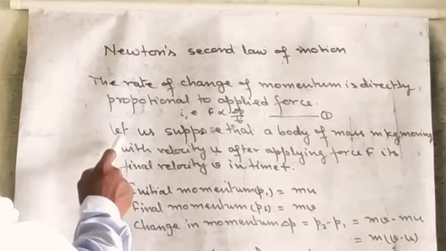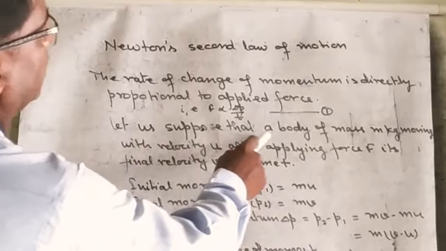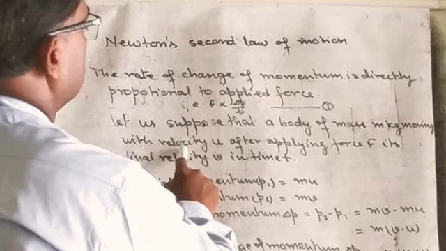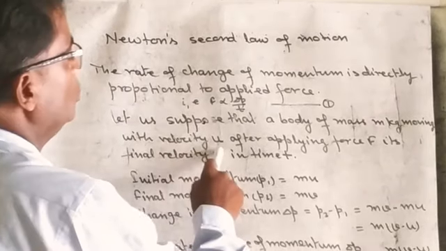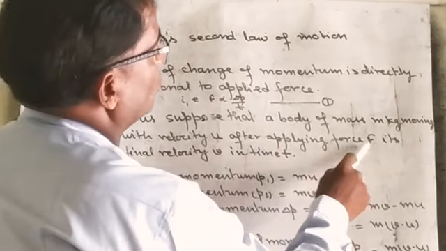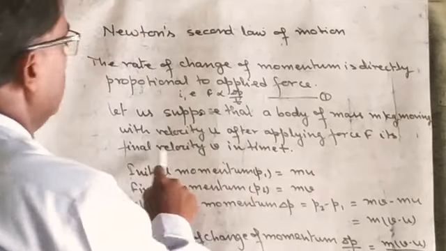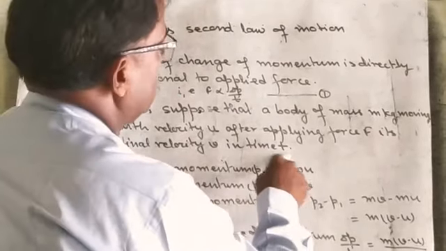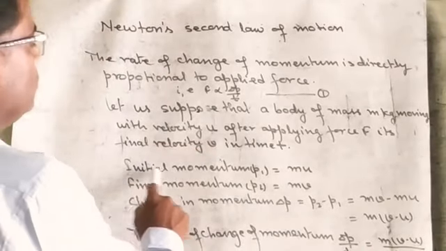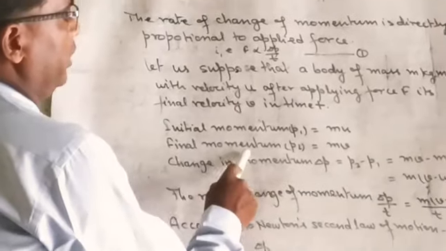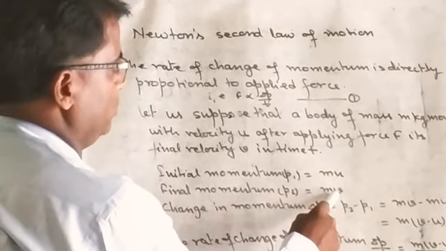You see here, let us suppose that a body of mass m kilogram is moving with initial velocity u. After applying force F, its final velocity is v in time t. Initial momentum P1 is equal to mu, final momentum P2 is equal to mv.